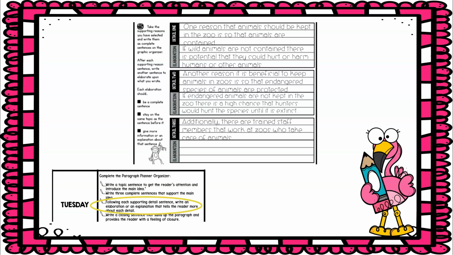I can turn that thought into a sentence that says, trained zookeepers are able to make it so that humans and animals can interact in an appropriate way, and they also help take care of animals and ensure that they are healthy. Again, this part took quite a while, and it was a lot of writing and thinking, but we were able to do it.